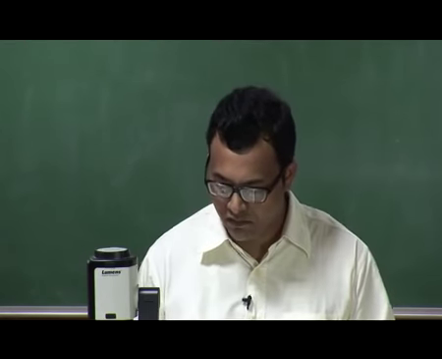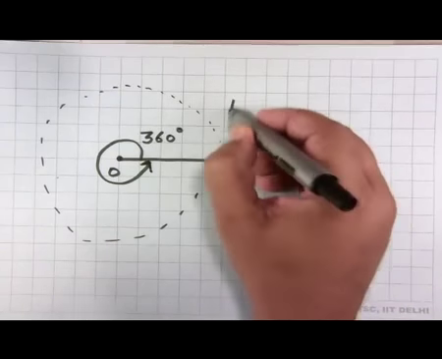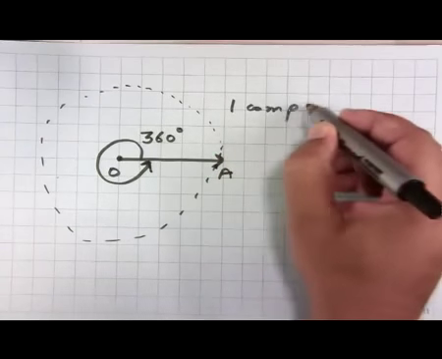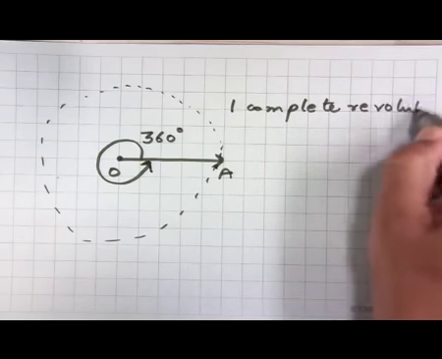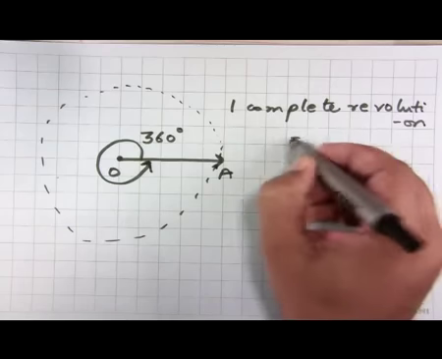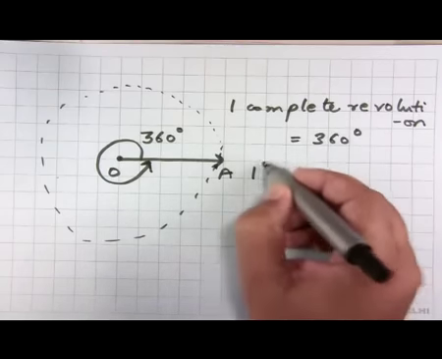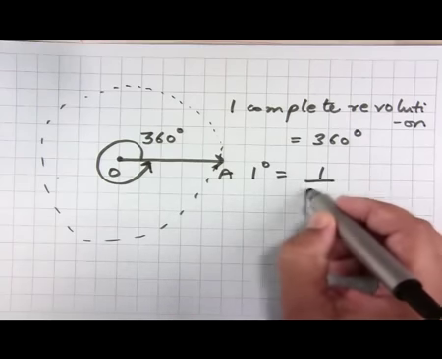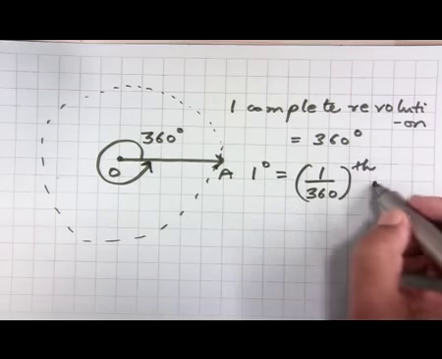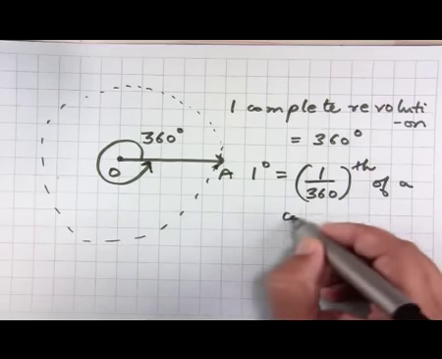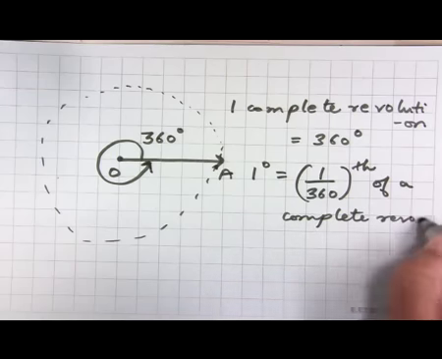So, we will stick to 360, and then of course, one complete revolution is 360 degrees, then of course, 1 degree will be equal to 1 by 360th part of a complete revolution.